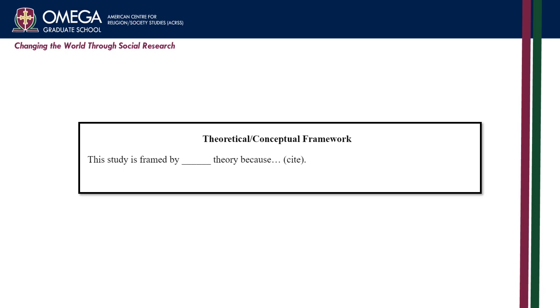But state very concisely here in the template, this study is framed by name the theory, because, justify it, and cite it. And this could be a few paragraphs long, but eventually you'll do extensive research around your theoretical framework within Chapter 2 of your dissertation.